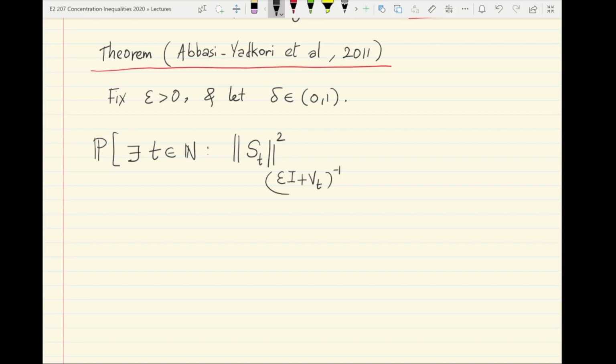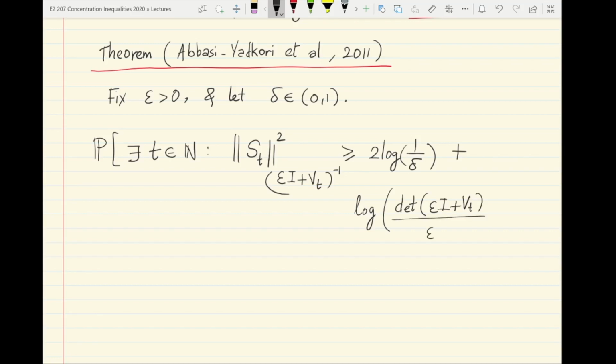But imagine epsilon I has to be so small as to not significantly affect the scale of Vt. So epsilon I plus Vt inverse is really roughly like Vt inverse.